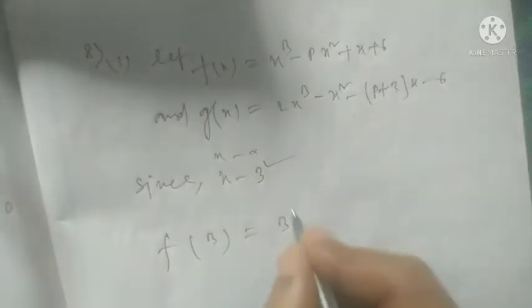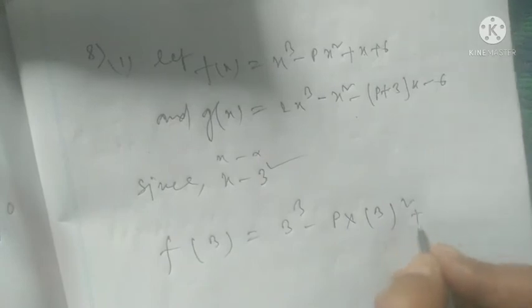So f of 3 will be how much? 3 cube minus p into 3 square plus 3 plus 6, then you get 27 minus 9p plus 9. If you add 27 to 9, then 36 minus 9p. This is the first remainder.